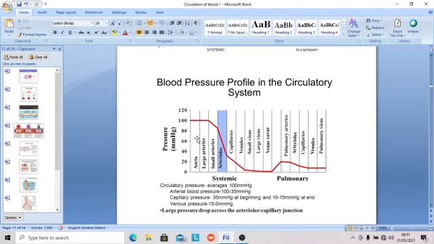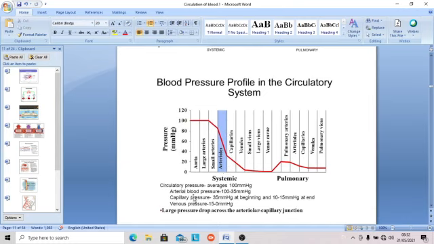This is the same thing on the circulatory pressure, the average pressure. The average pressure is 100 millimeter mercury in the aorta. In the large arteries also, average pressure is 100. In small arteries it reduces. Then in arterioles you can see a sudden drop in the average pressure, the maximum drop in pressure.